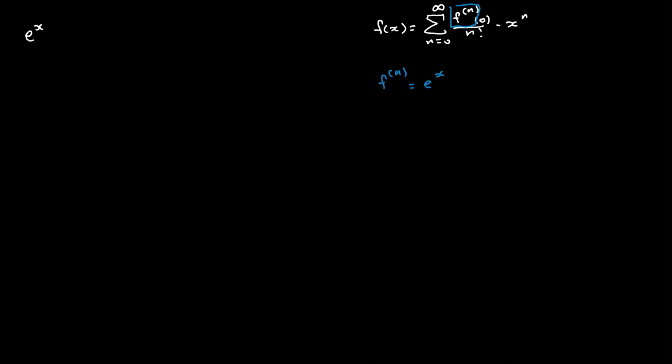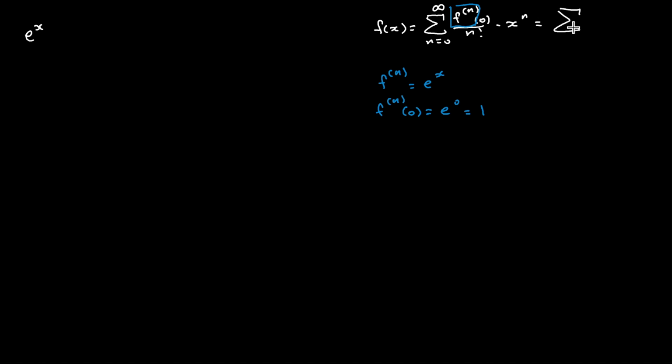I have a video explaining why the derivative of e to the x is e to the x, but just know that it's always going to be e to the x. And then evaluated at 0, that's just e to the x where x is equal to 0, so it's e to the 0, which is always going to be 1.